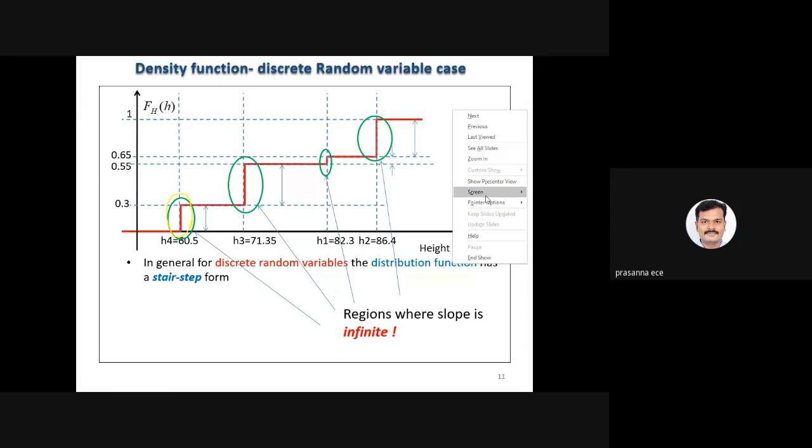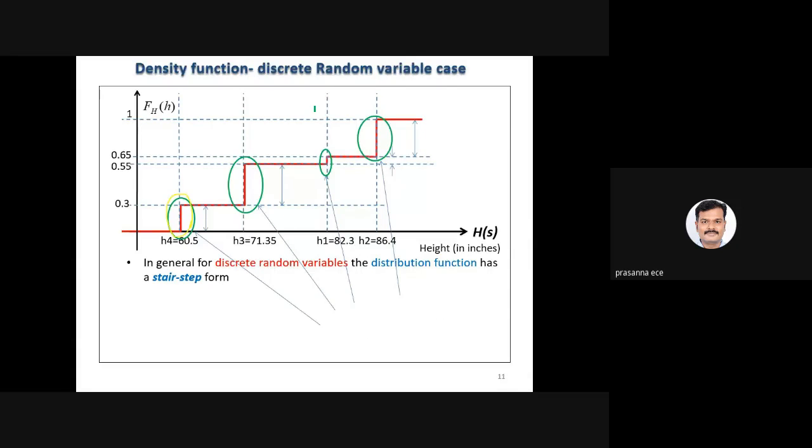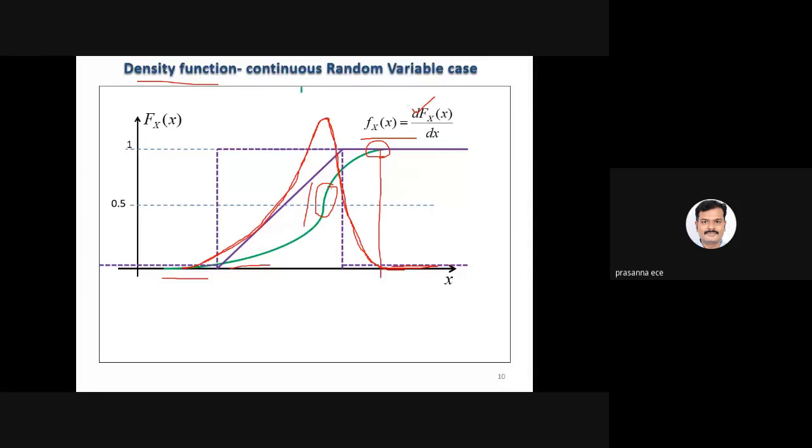When we were dealing with continuous random variables, finding the density function was pretty easy, right? So we easily found this and this.